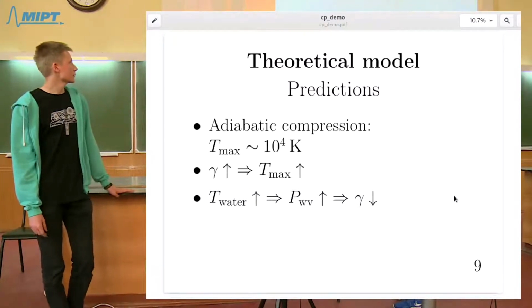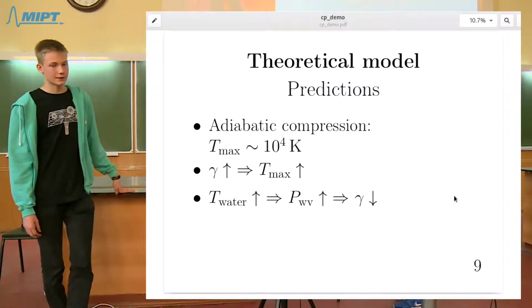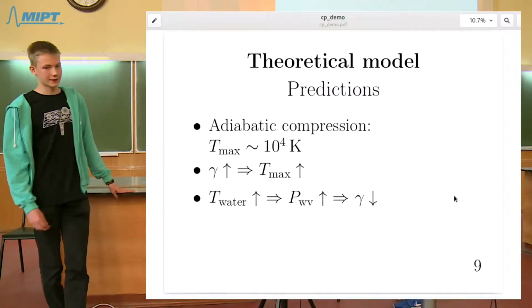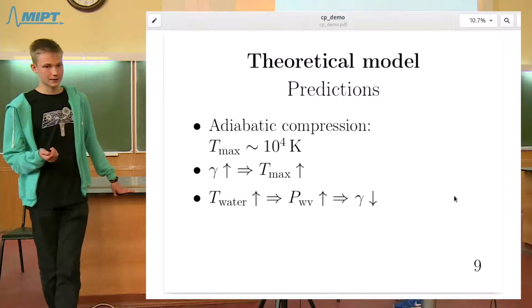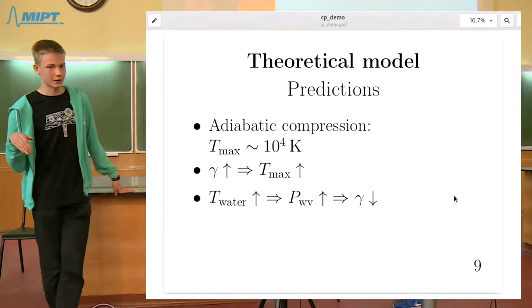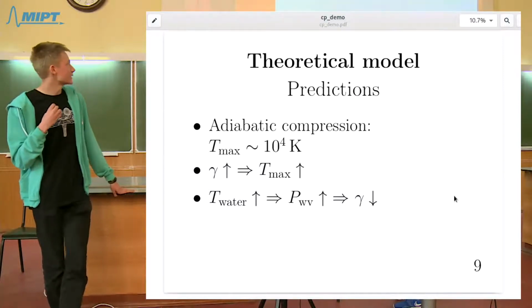And also, if the temperature of water increases, then the partial pressure of water vapors increases, and the adiabatic index is going down, so the maximum temperature is going down, and the light will not be so bright.